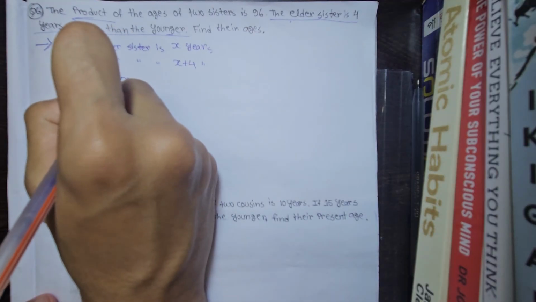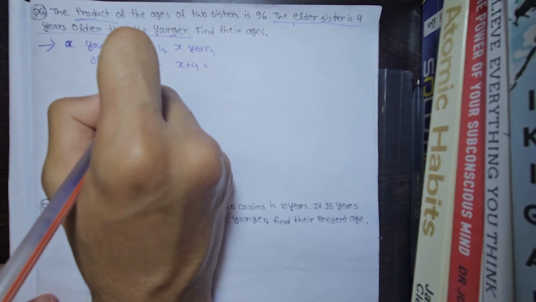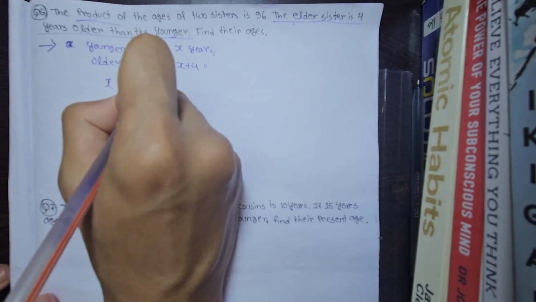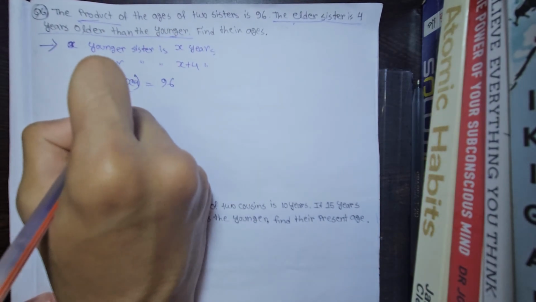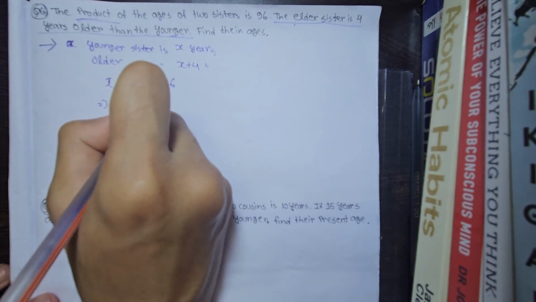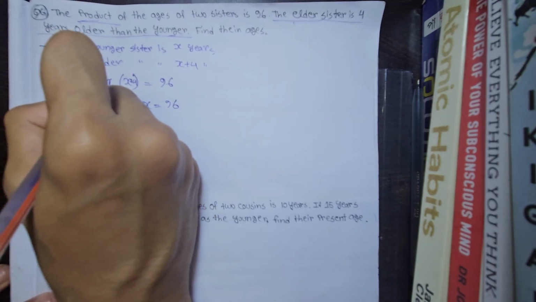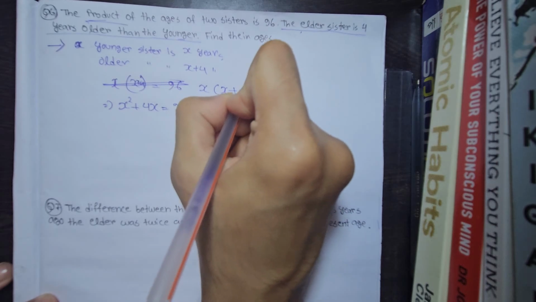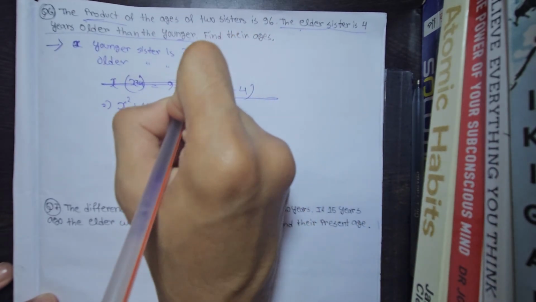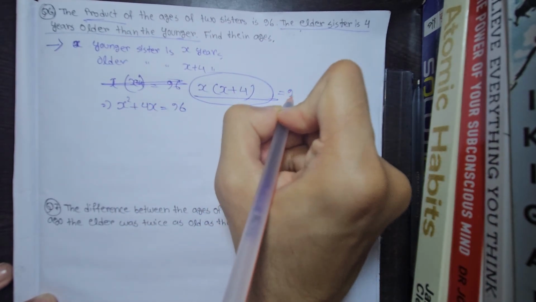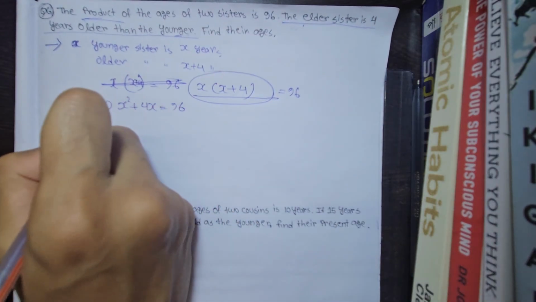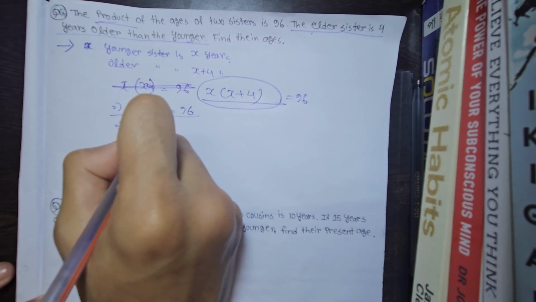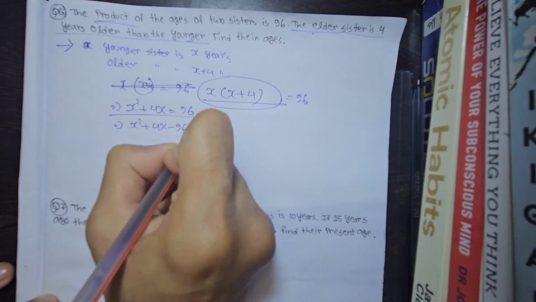Now they're saying the product. That means x plus 4 into x equals 96. So x square plus 4x equals 96. I can write it more clearly like that, x into x plus 4, because the product will be the multiplied version of them, that is 96. So x square plus 4x minus 96 equals 0.